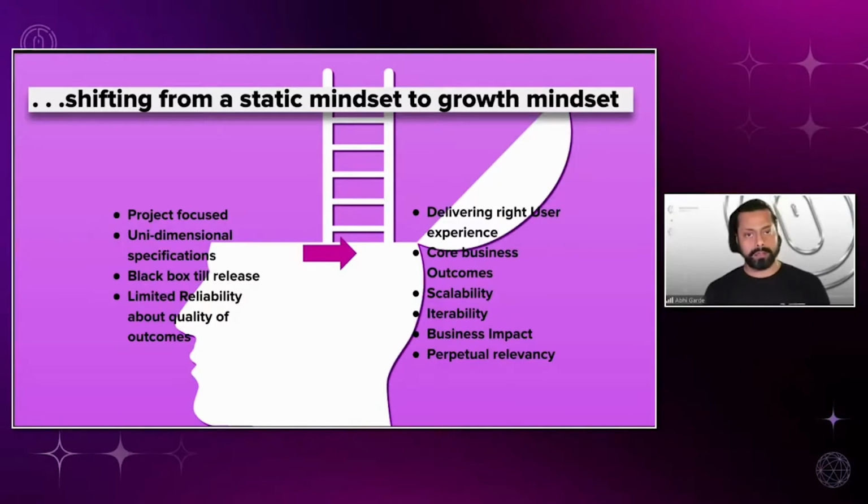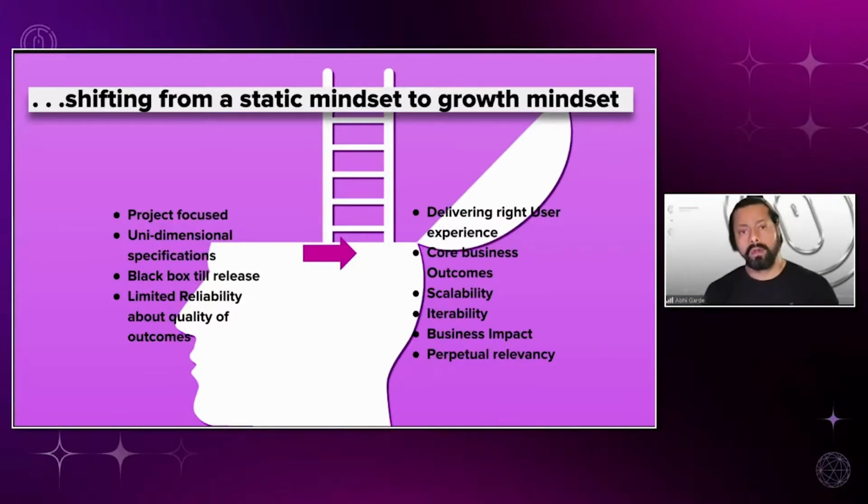Whenever your release is, 6 months, 8 months, 10 months, that entire duration is your risk. It's a complete risk, a black box. So it will give you very limited reliability about the quality of the outcomes. You don't know what you're going to get.